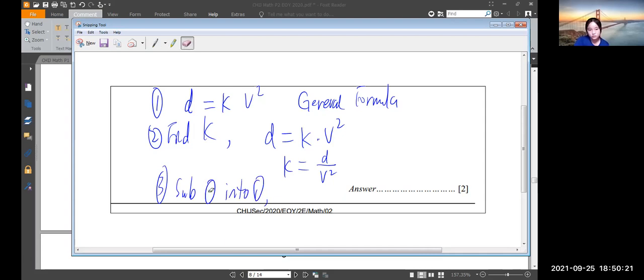It's a very mechanical way, just follow the steps, then you can find it. Remind yourself, K is a constant, so don't change it. So sub it in, and you get D is equal to D over V square times V square.